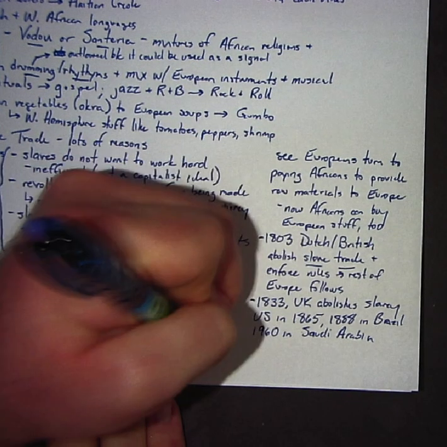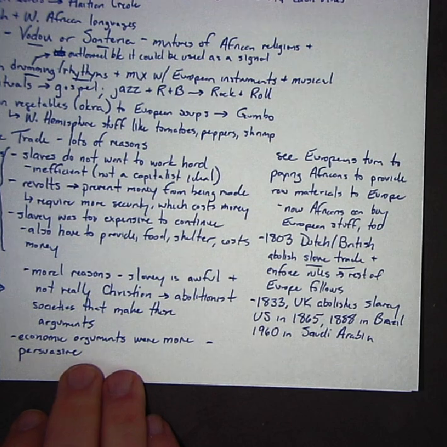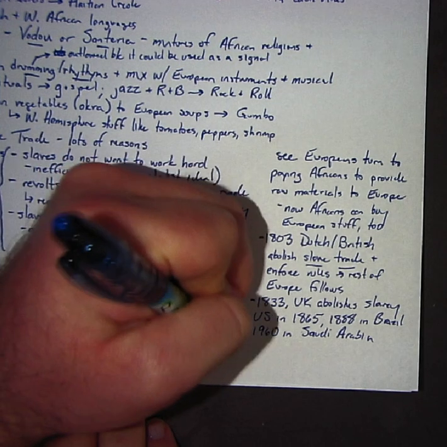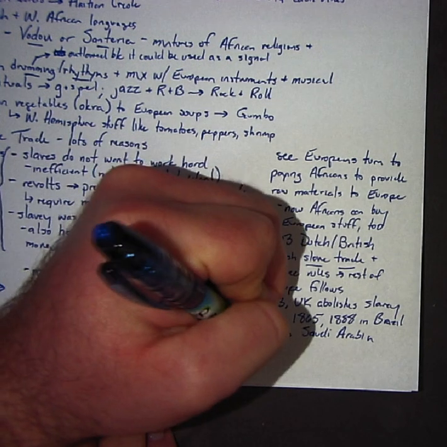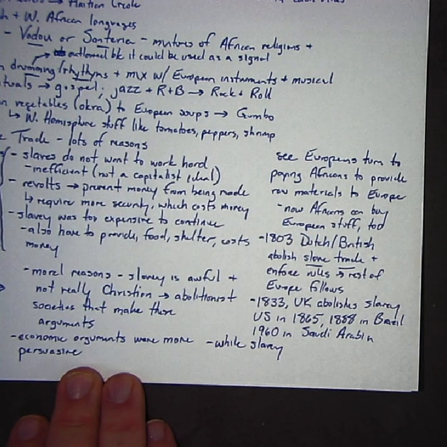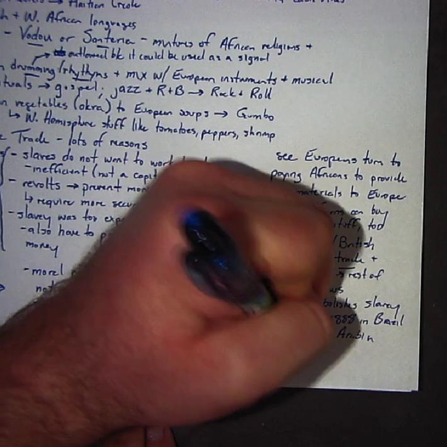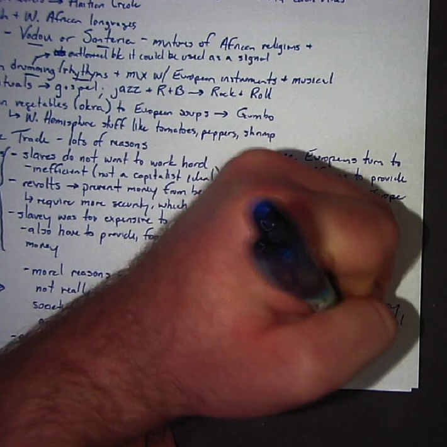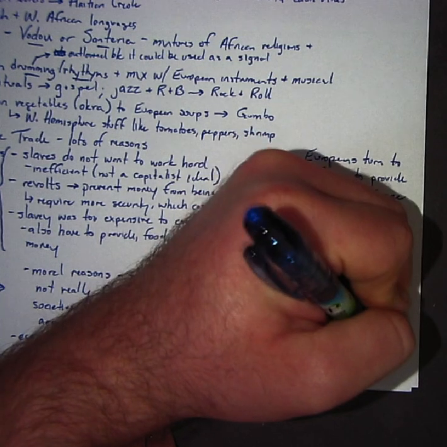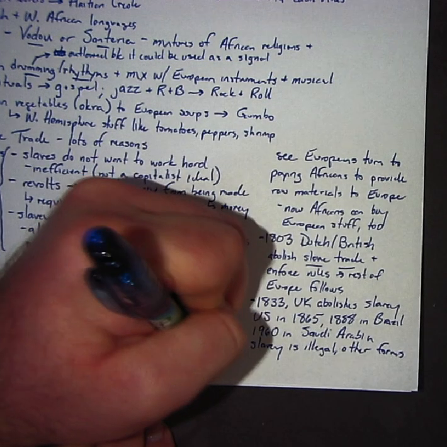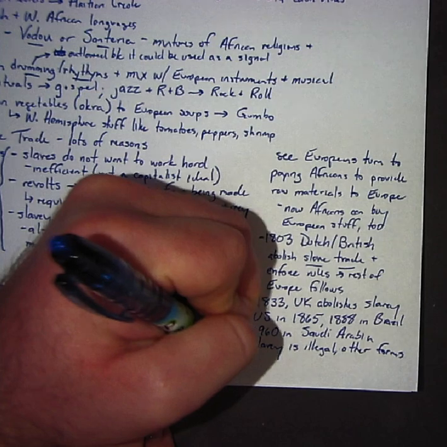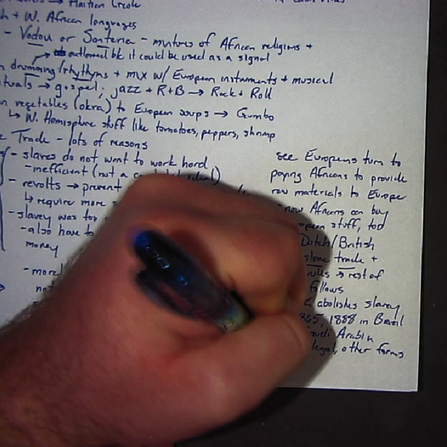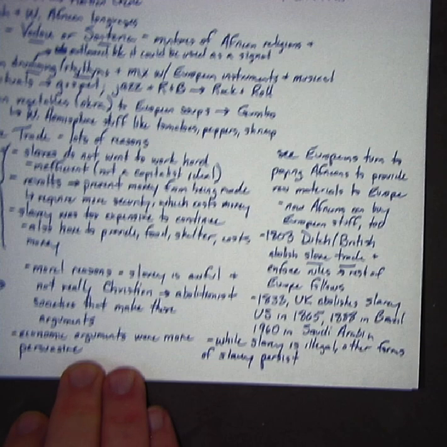And one last point is that while slavery as we know it, as discussed here, is illegal, other forms of slavery persist. And we're still dealing with these things today.